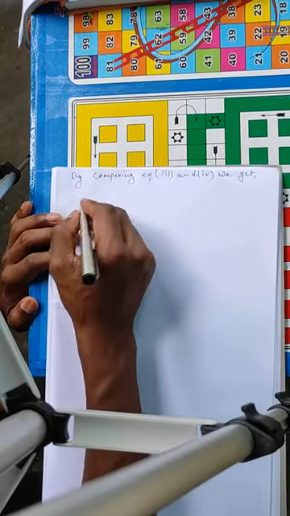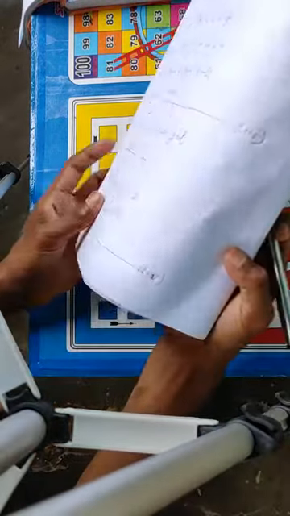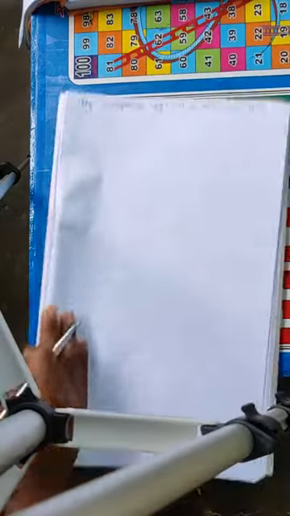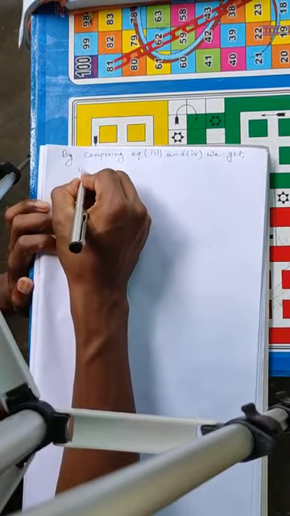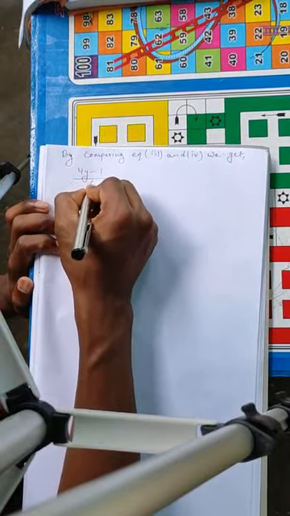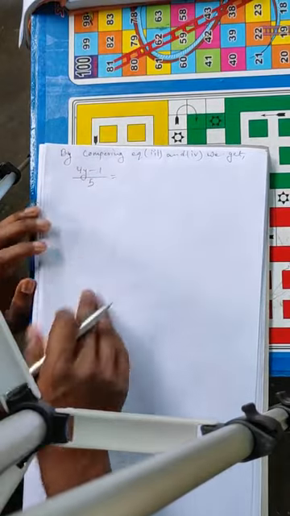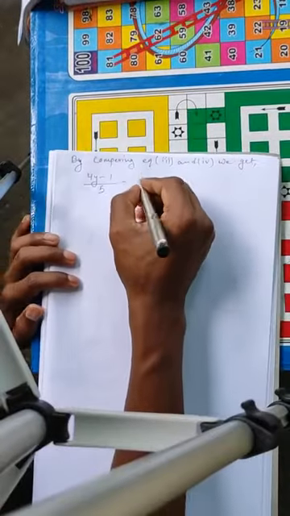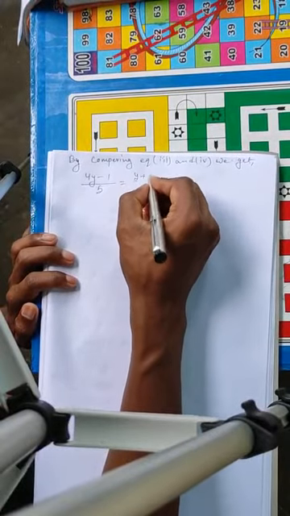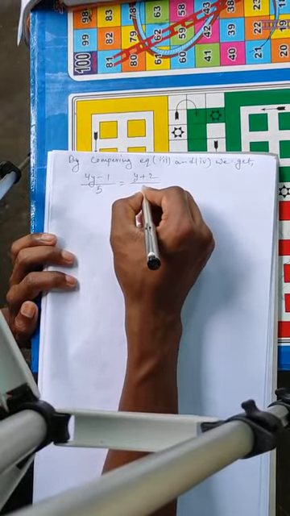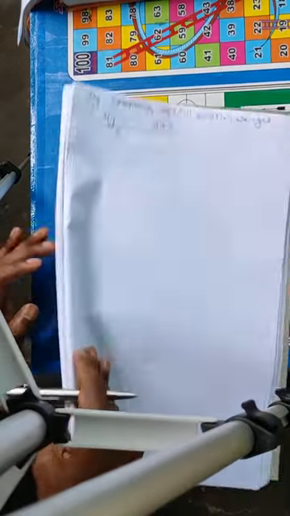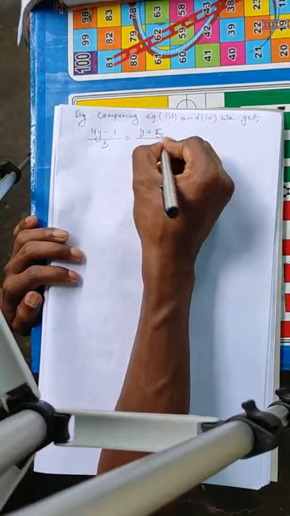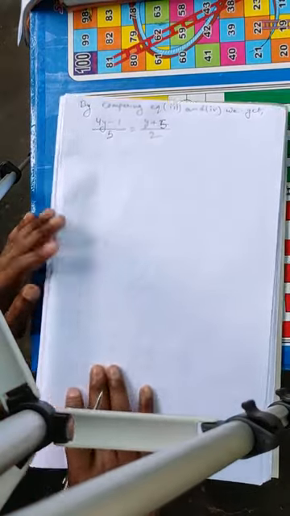The value of x from equation 3 is (4y - 1)/5, and from equation 4 the value of x is (y + 5)/2. Sorry, y plus 5 divided by 2.